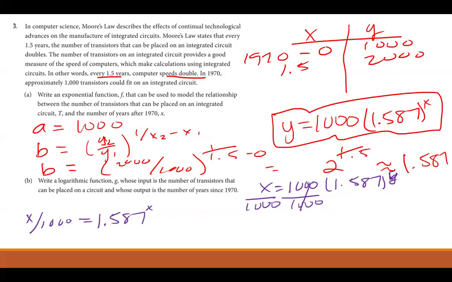The log of the same base, right? So I'm going to take the log base 1.587 of X over 1,000. And that now is my new equation. That's now my inverse, my log model.